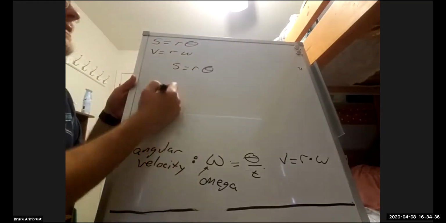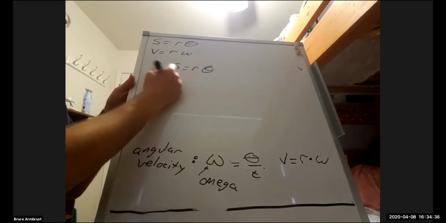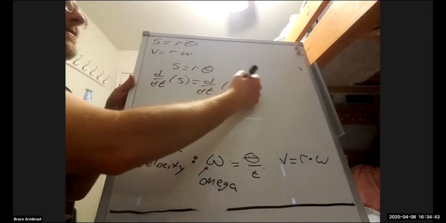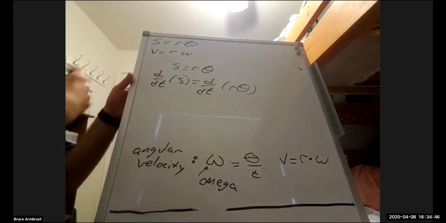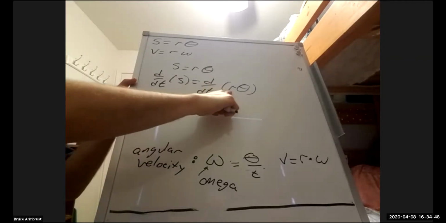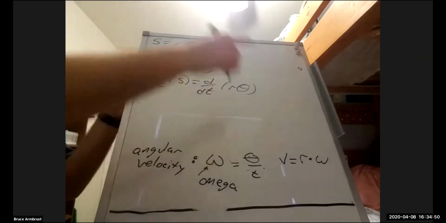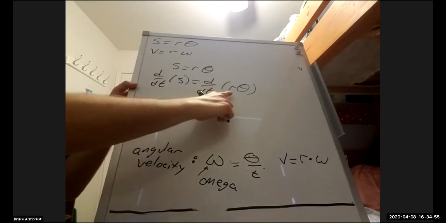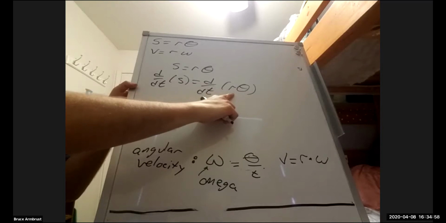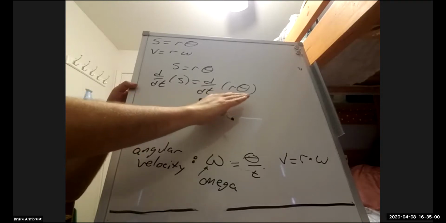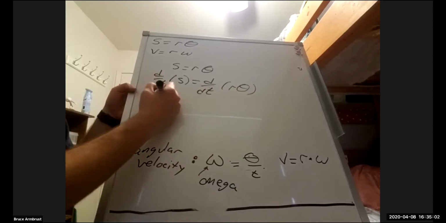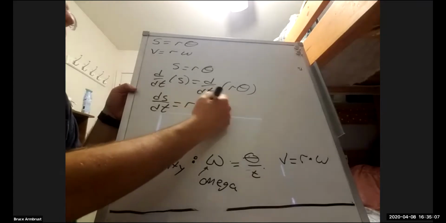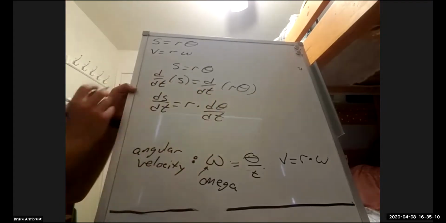So if we have S equals R theta, take a d/dt of each side. Now I'm going to assume that the radius is constant, that we're traveling just in a circular path. If it's not, we have to use the product rule on this. Since I'm assuming constant radius, I can just pull that R out. So I get ds/dt is equal to R times d theta/dt.